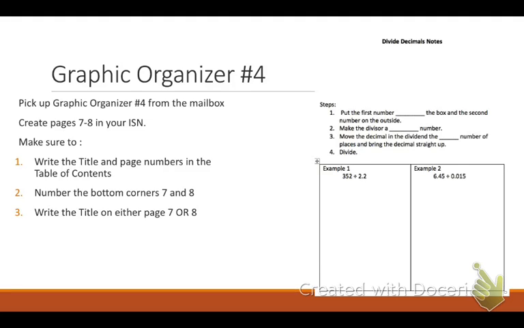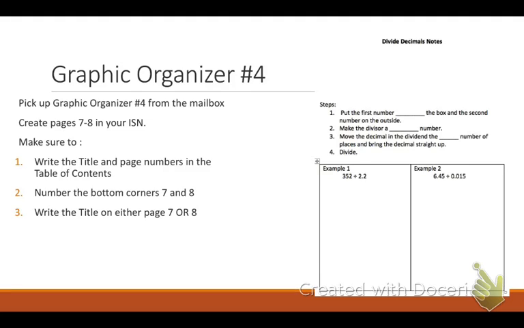Don't forget that you want to go back and write the title and page numbers in the table of contents right inside the front cover. And you are numbering the bottom corners 7 and 8. Okay, and you should have a title on one of those, or at least highlight divide decimal notes.